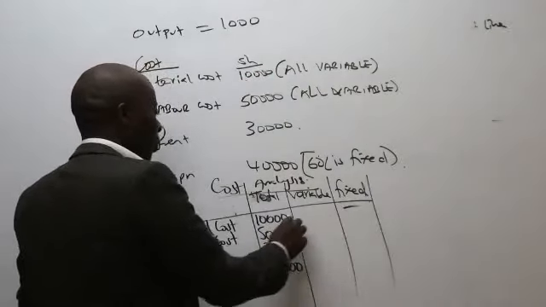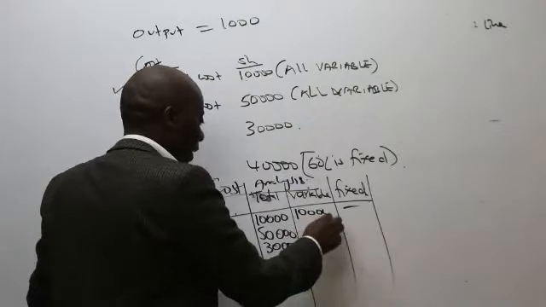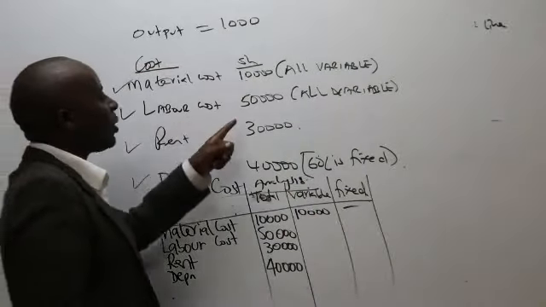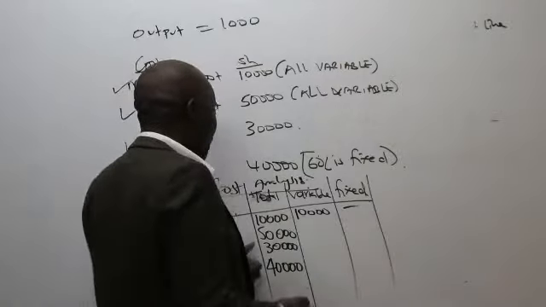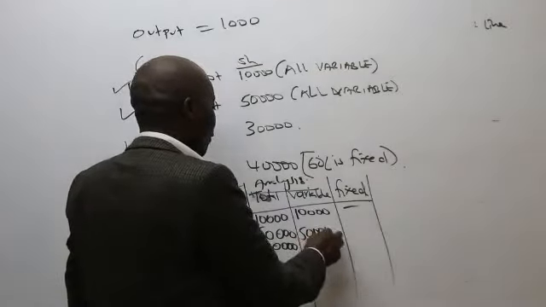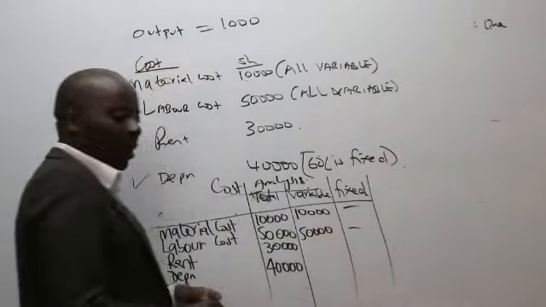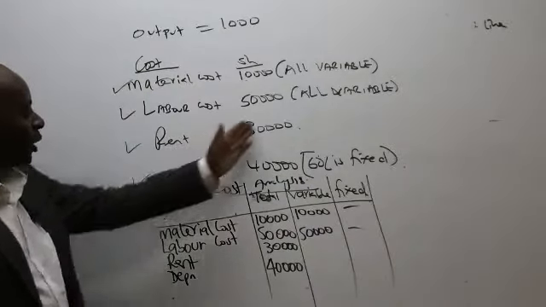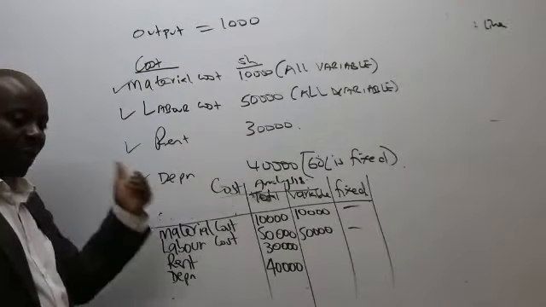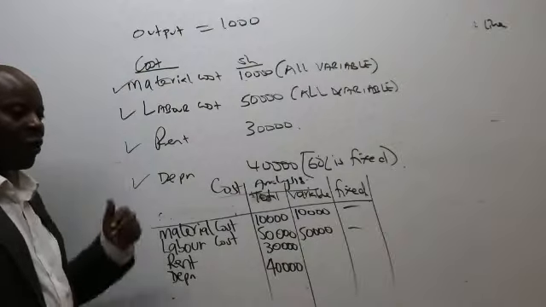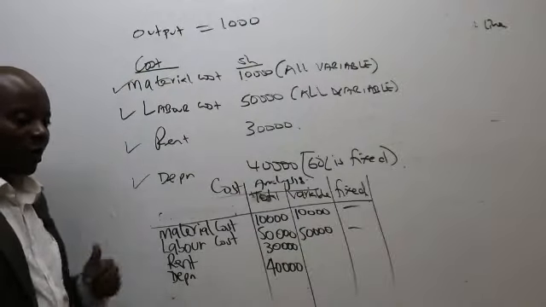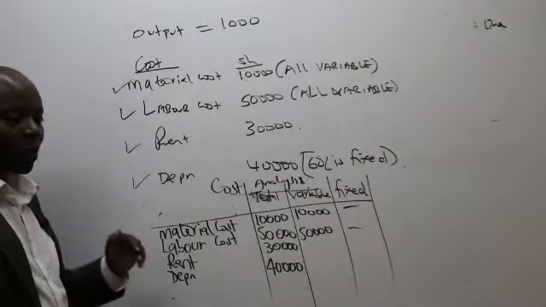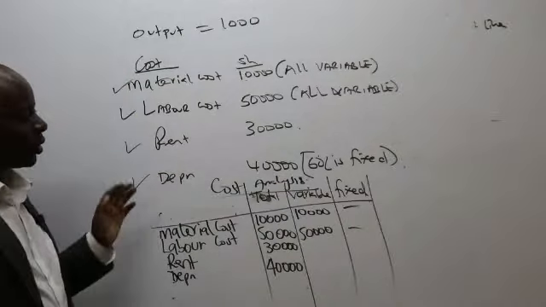Labor cost, all of it is variable, 50,000, nothing fixed. From there, we have rent. There is no narration, because they expect you as an accountant worth your salt to know that, unless told otherwise, rent is always fixed.